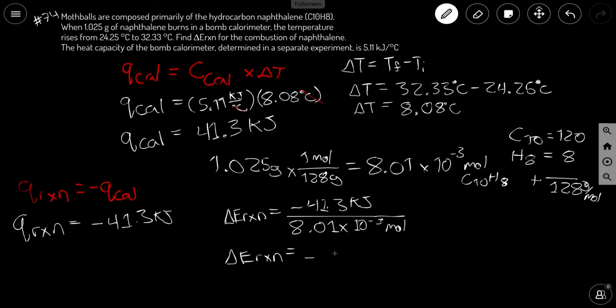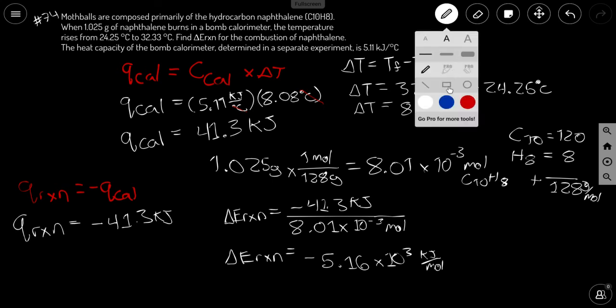That's going to give me negative 5.16 times 10 to the 3 kilojoules per mole. That right there is my answer.